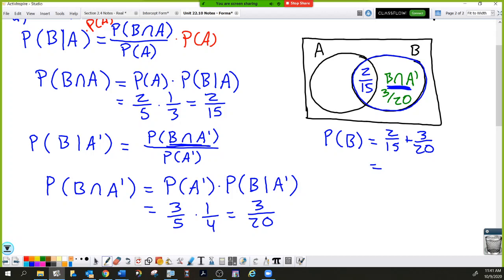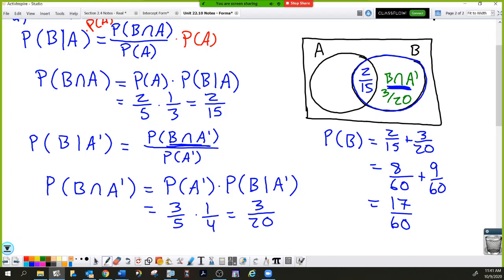Common denominator is 60. So multiply by the 4 on top and bottom again. 8/60 plus 9/60. Probability of B is 17/60.